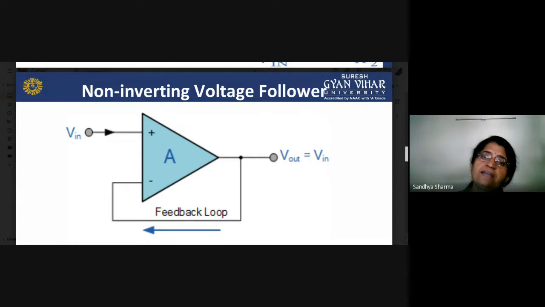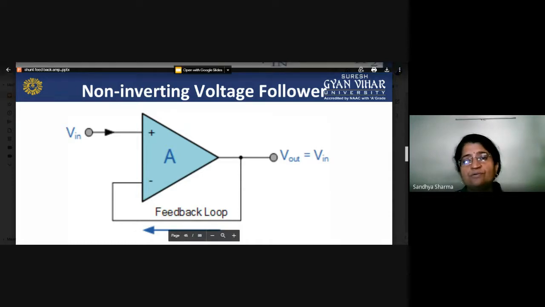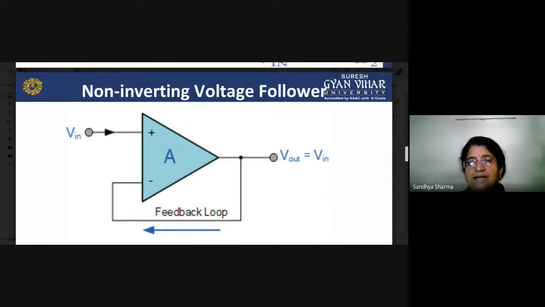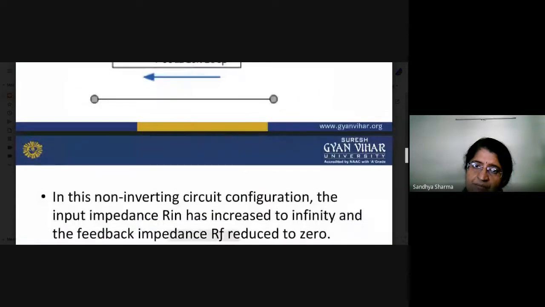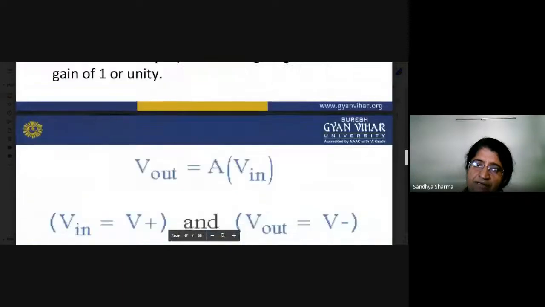And if you are making your voltage follower as an inverting amplifier, then you have to apply your input signal to the minus terminal. I am starting from the non-inverting amplifier. This is the basic parameter in which we can operate these voltage follower circuits. So this is a very basic part of how our voltage follower circuit works.